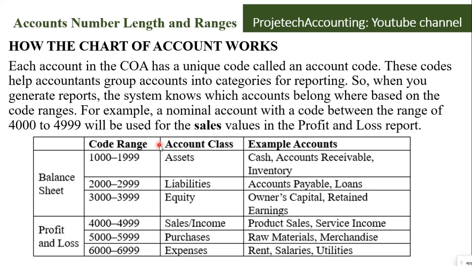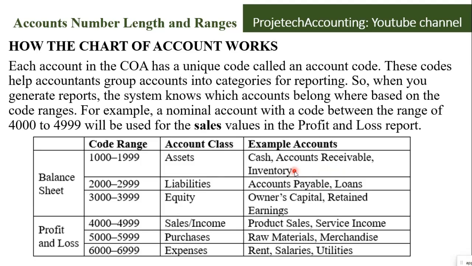So it's very good that you understand this code range so that you will know how to assign your codes when you are creating any type of account. Here, 1,000 to 1,900 belong to asset accounts. An asset account can be cash, accounts receivable, or inventory asset.